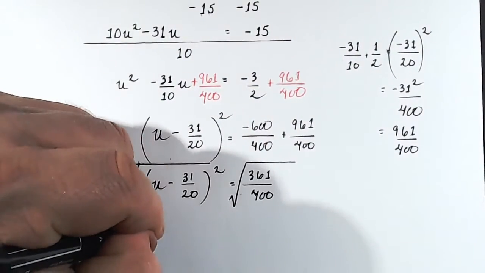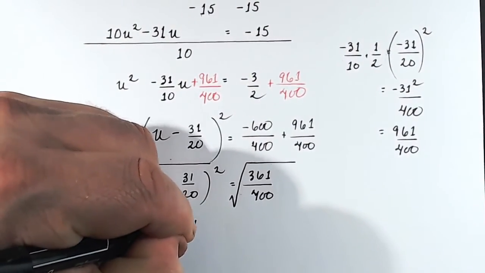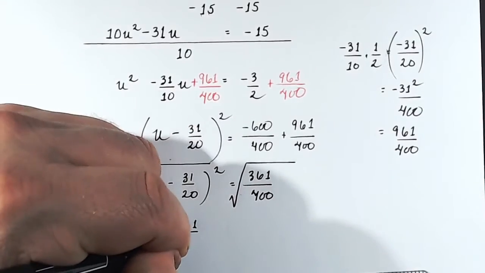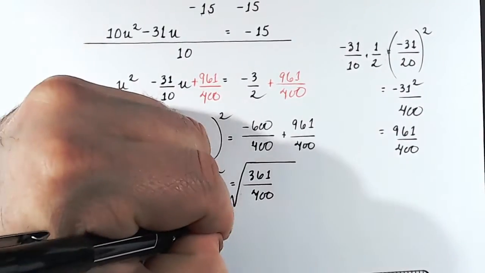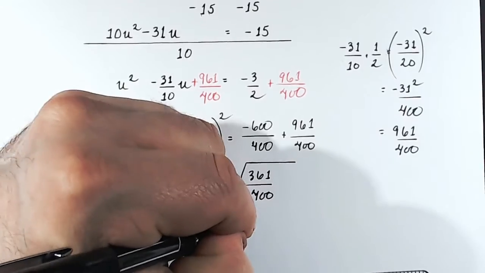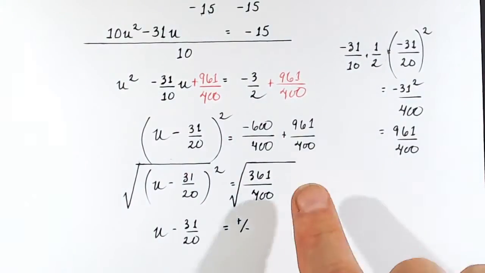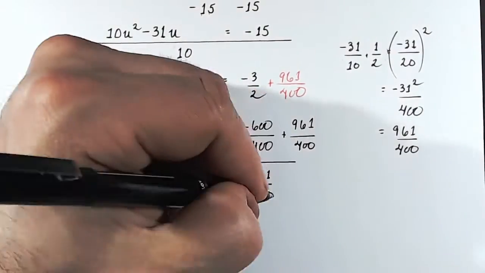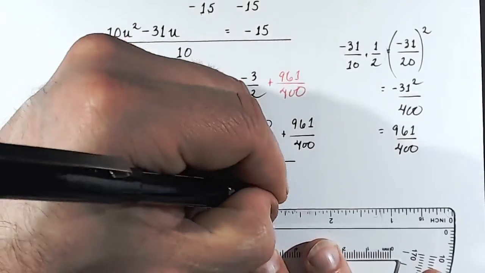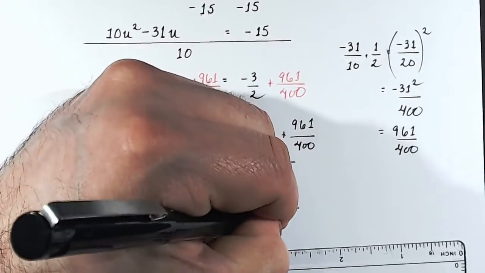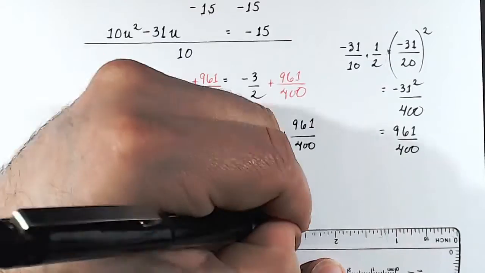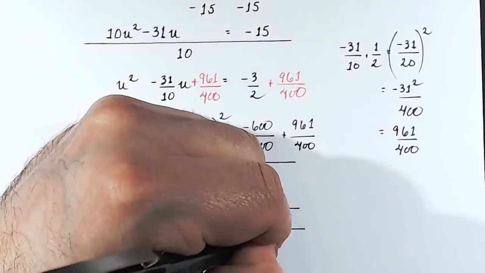Okay, so now I've got u minus 31 over 20 equal to plus or minus, and now I'm going to break this square root up, the square root of 361 over the square root of 400.